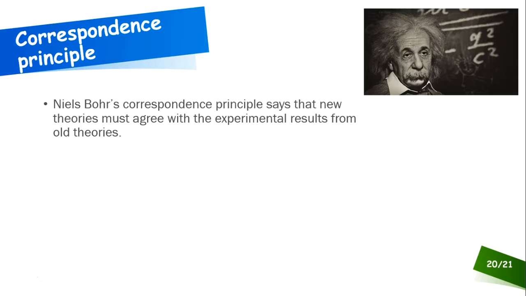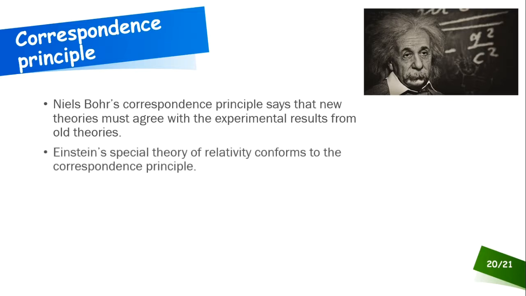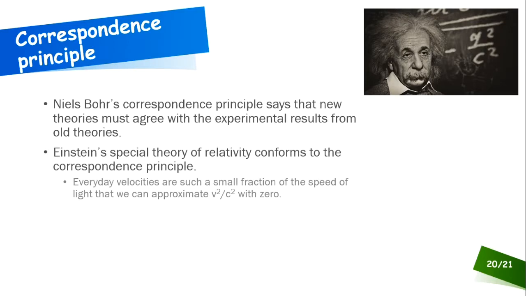And this is where Einstein's special theory of relativity was shown to be special and not general. Because it does conform to the correspondence principle, but here's the rub. Everyday velocities are such a small fraction of the speed of light that we can just approximate v squared over c squared with 0. So that part of the term that we see in the Lorentz factor, we just turn that into 0.